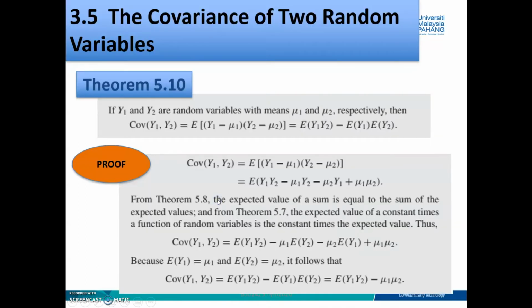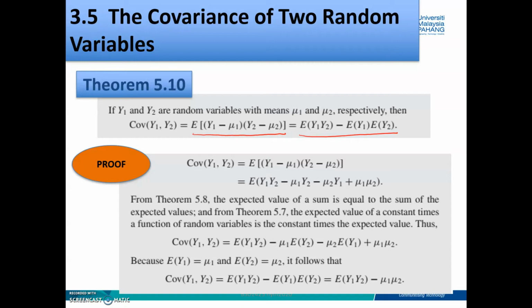Theorem 5.10. If y1 and y2 are random variables with means mu1 and mu2 respectively, then the covariance of y1, y2 is, from the previous definition, expected value of y1 y2 minus expected value of y1 times expected value of y2. This can be proved.